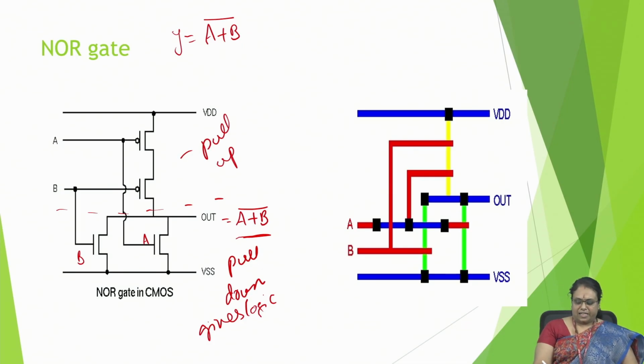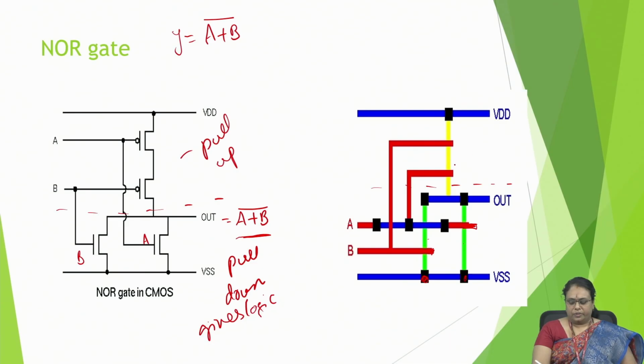Here, we have taken two sticks of N diffusion, this is one stick, this is one stick. We have drawn them in parallel and put a contact here, to make a metal and diffusion contact, and we cross them with the poly. This is how we cross with the poly. And this is a parallel combination of these two.